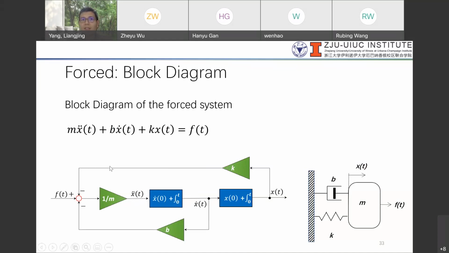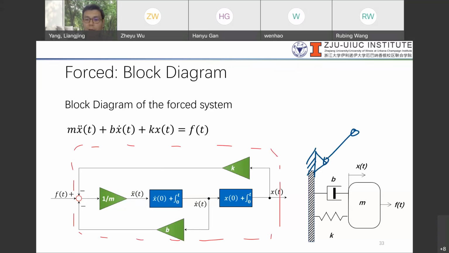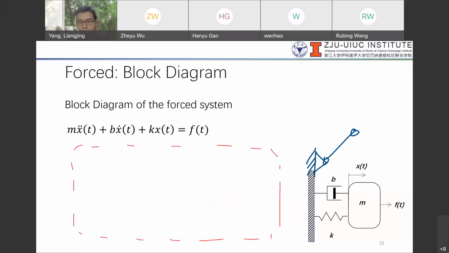Basically, this system itself is like the plant. So this is how this mass will behave. But of course, you can attach a robot to this thing, to draw it out to the force.